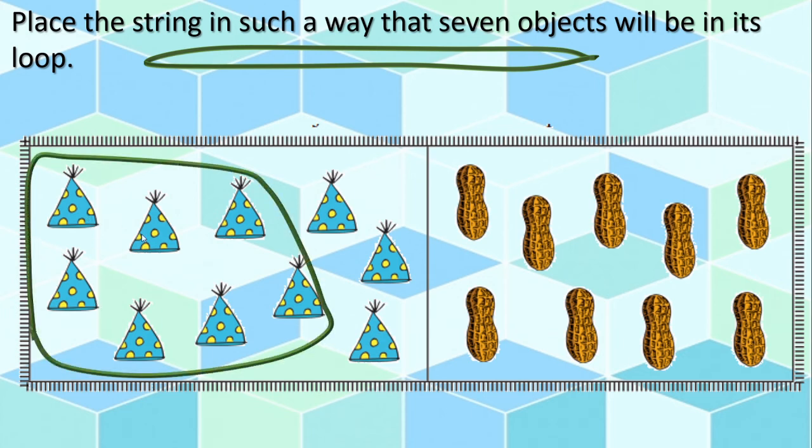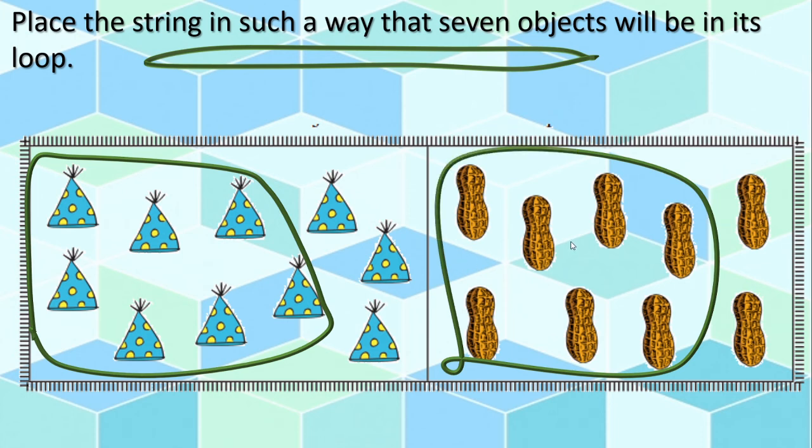Count. 1, 2, 3, 4, 5, 6, 7. Isn't it? Now we'll move to peanuts. Here so many peanuts are there. Only 7 we have to select. Any 7. So here 1, 2, 3, 4, 5, 6, 7. Correct?